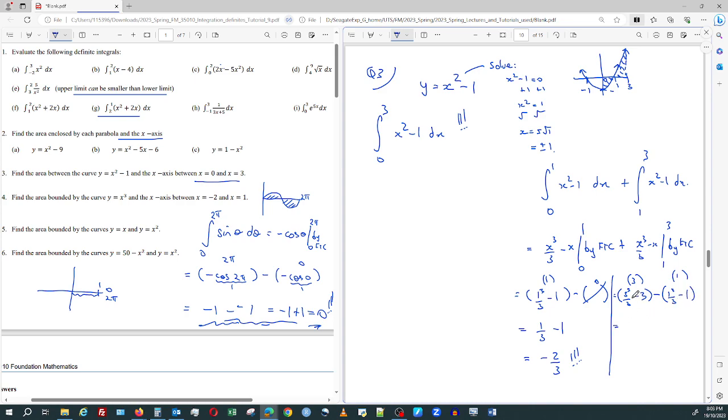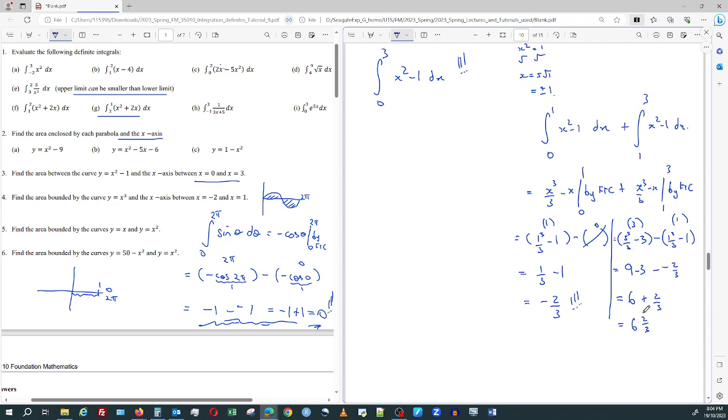So we're going to end up with 3 3s are 9 3s are 27. 27 divided by 3 is 9. 9 minus 3 will give us 6. 1/3 minus 1 is minus 2/3, but it's minus 2/3. So it's plus 2/3. So it's 6 2/3.